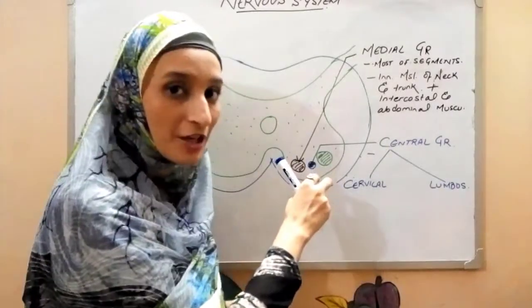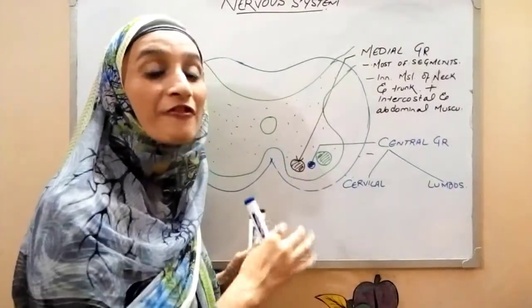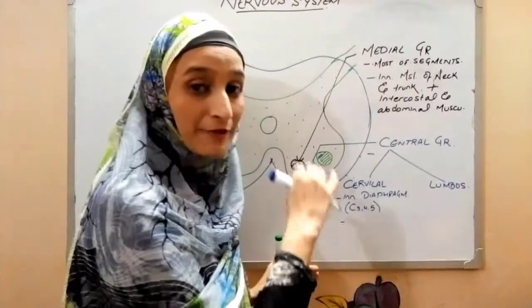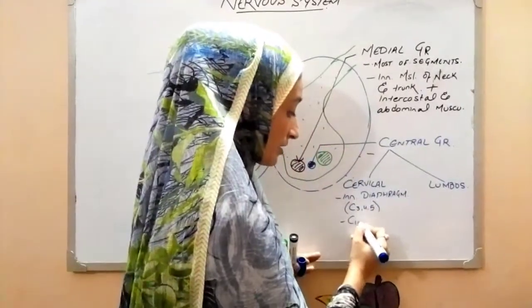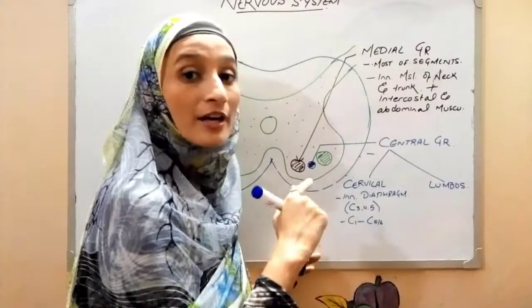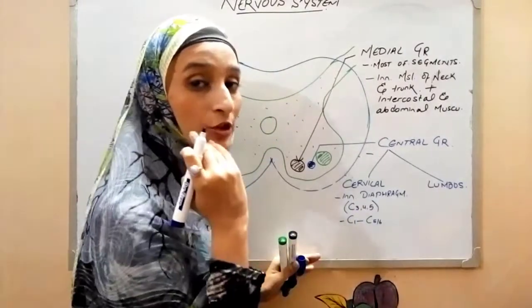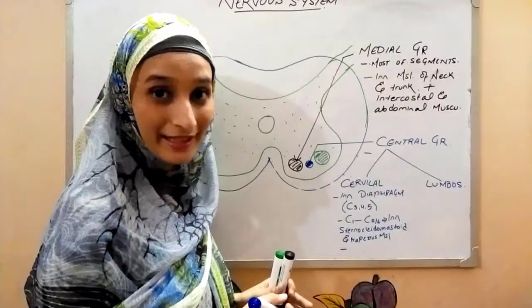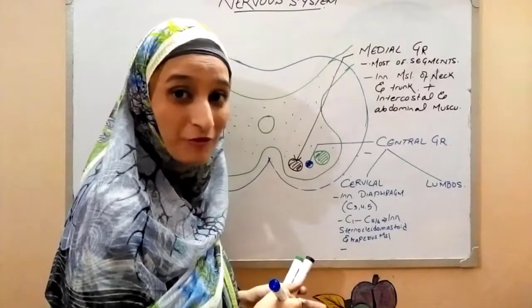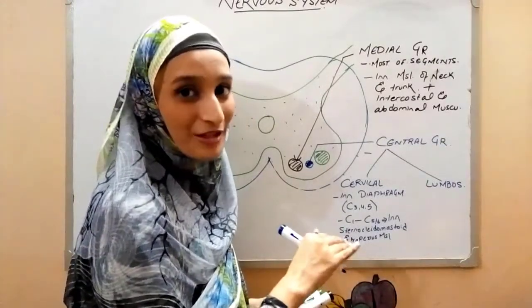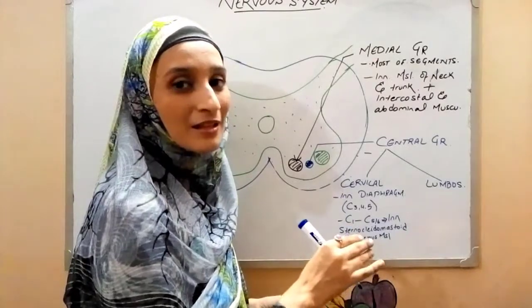That group of nerve cell bodies is termed the phrenic nucleus. The cervical segments from C1 to C5 or C6 are involved in innervating the sternocleidomastoid and the trapezius muscle. Last but not least, they are also involved in making the spinal part of the accessory nerve, which is the 11th cranial nerve.